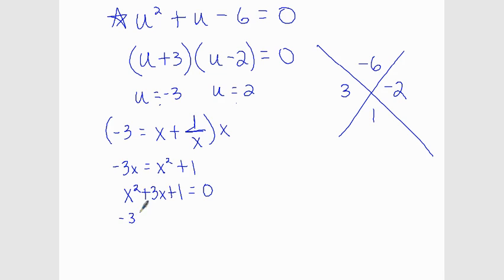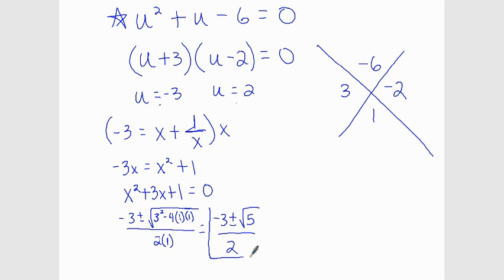So negative 3 plus or minus the square root of 3 squared minus 4 times 1, all over 2 times 1. Well, there's not a lot of simplifying here to do. There's negative 3 plus or minus 3 squared is 9, minus 4 is 5. That's a radical we can't simplify. And so that gives us 2 of our solutions.